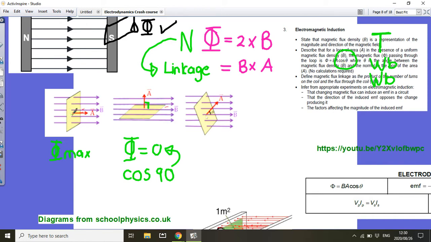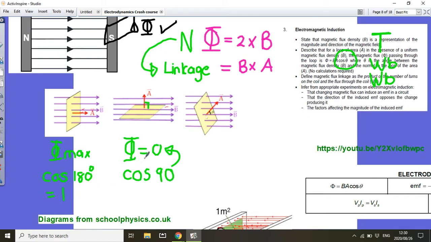If you look at this one here, now look at the angle. The angle is between the normal to the area and the magnetic field. This time it's 0 or 180, and if you get cos of 0 or 180 degrees, you know that is 1. So that means it's the maximum it can ever be.